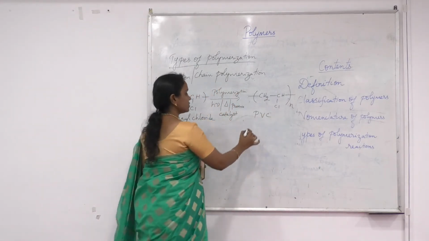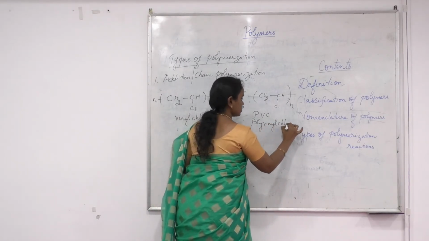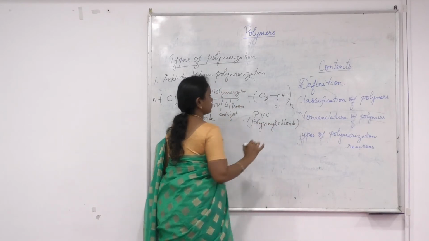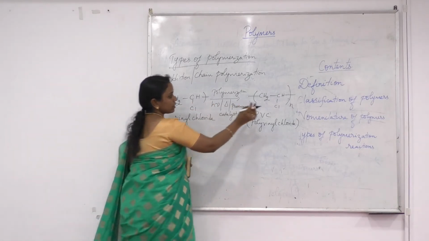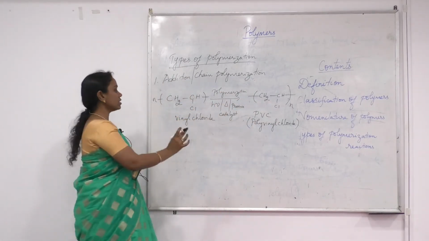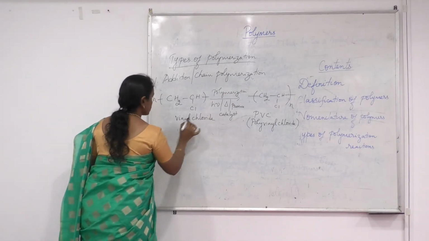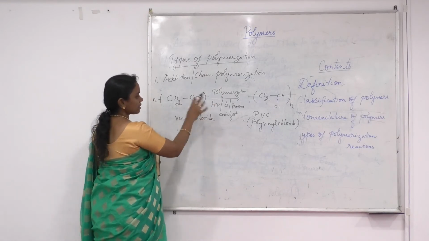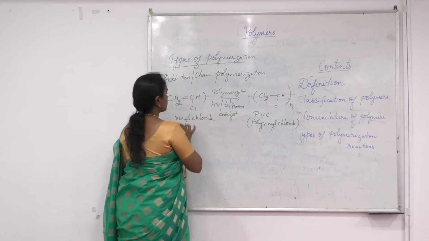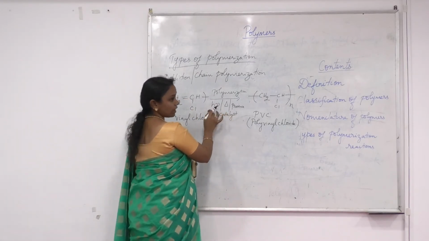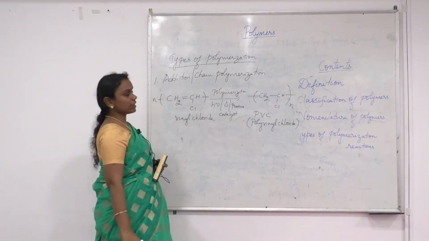What is PVC? PVC is polyvinyl chloride. So this is addition polymerization. In this case, whatever product we are getting is just the exact multiple of the monomeric unit. Actually, an intermolecular rearrangement is taking place and the double bond is breaking, and in the presence of light, heat, pressure or any catalyst, we get this polymer which is polyvinyl chloride.